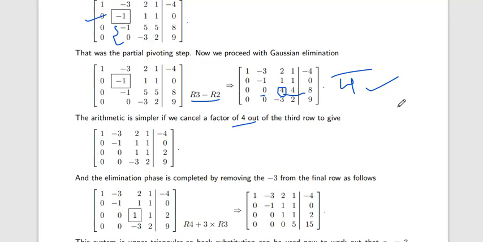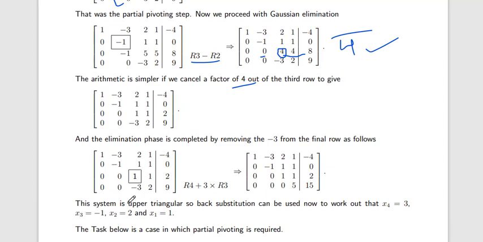It depends on you how to solve these types of matrix. Now here is 1, and we want to transform this -3 into 0, so multiply the third row by 3 and add: R4 plus 3 times R3. Here we can see this becomes an upper triangular matrix. All elements below the diagonal are 0.